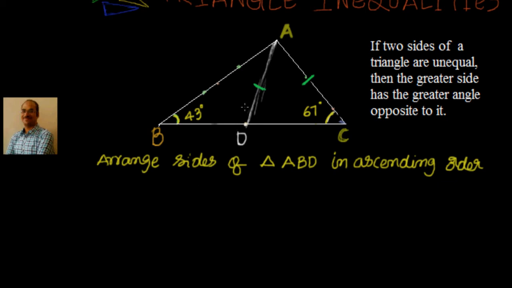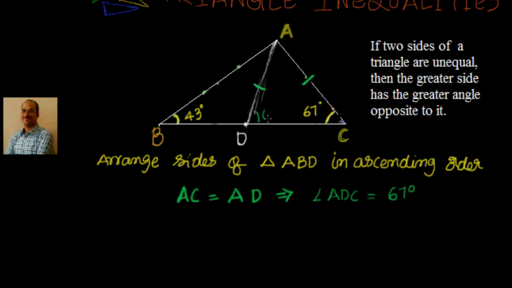So our first step is we have to find out all these angles. Now we will start with triangle ADC. In triangle ADC, we know that AC is equal to AD. AC equal to AD gives us angle ADC is equal to 67 degrees.